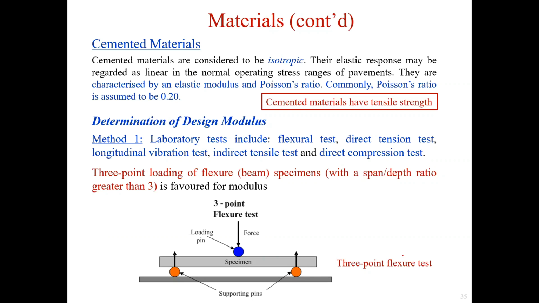The sample is supported by two supporting pins, and there's a loading pin to apply the force. This 3-point loading of a sample with a span over depth ratio greater than 3 is favored for modulus characterization, as the test conditions are considered to simulate the strain gradients generated within a pavement layer.